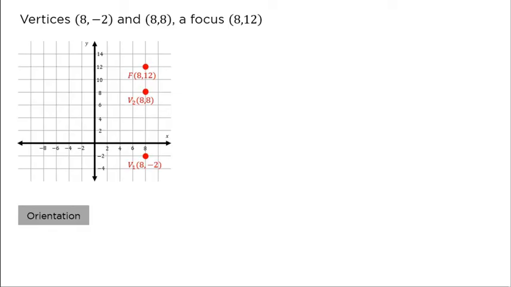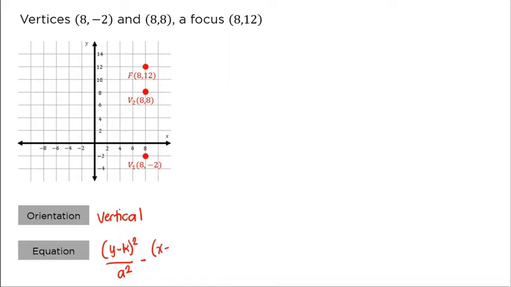Therefore, the orientation of this hyperbola is vertical. And since it is vertical, the equation of the hyperbola will be of the form (y minus k) squared over a squared minus (x minus h) squared over b squared equal to 1.